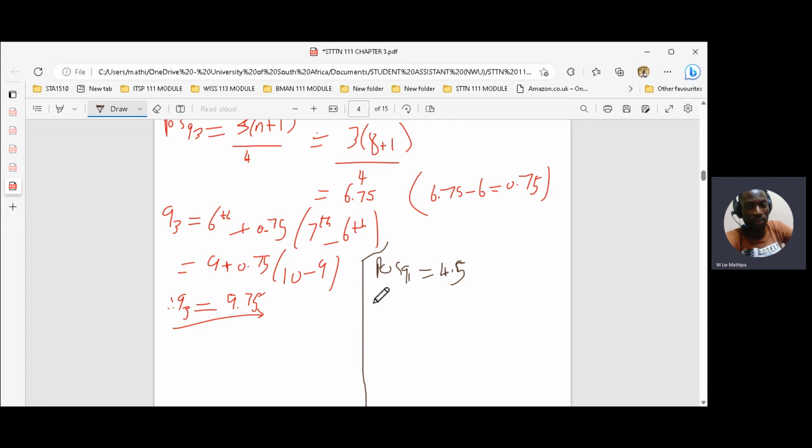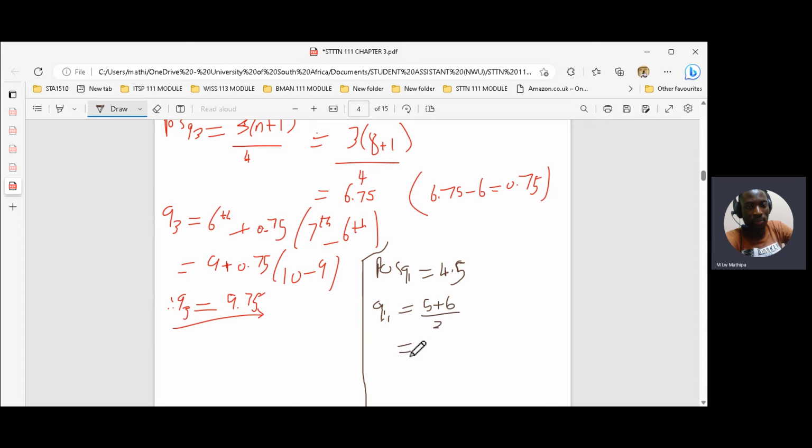Therefore the position of Q1 is equal to 5 plus 6 divided by 2.